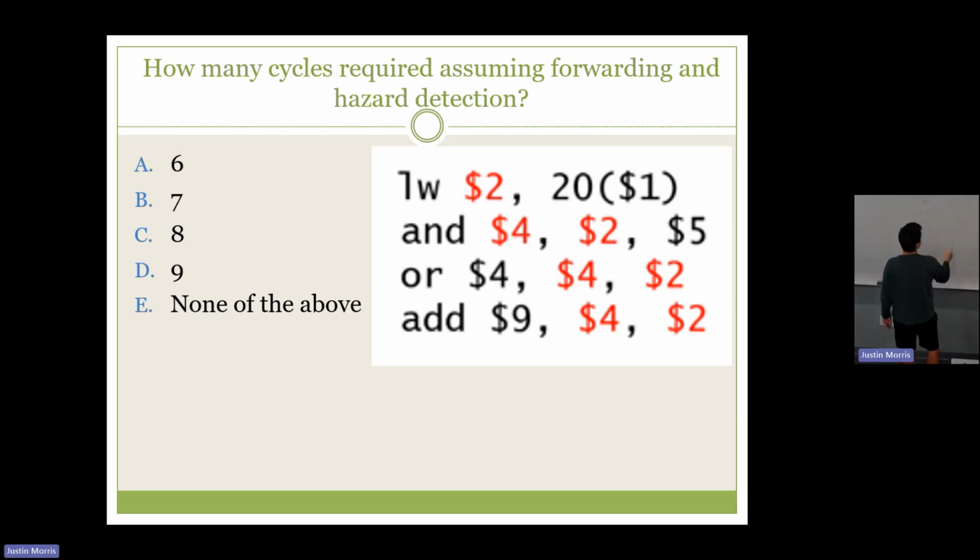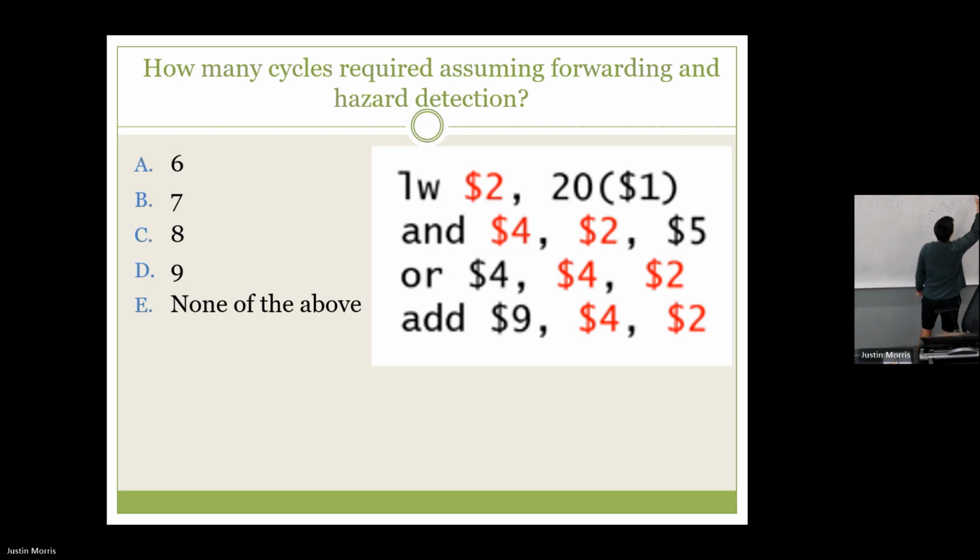And then cycle 5, I'm in write back. I can execute with forwarding. Right, and we indicate forwarding with these arrows. This one is decode. And the add is fetched.